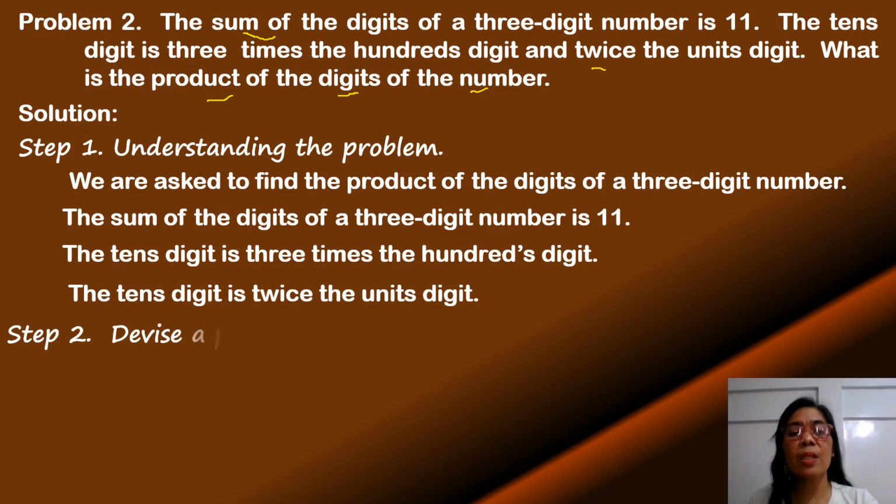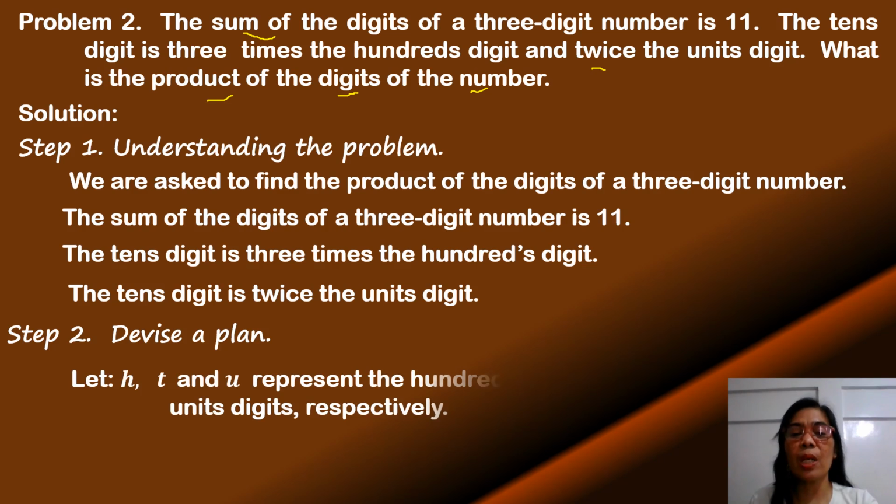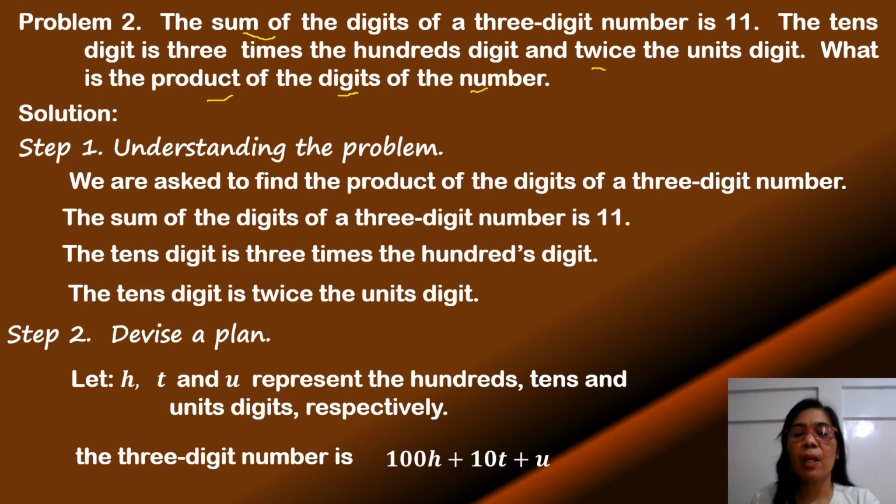So since this is a digit problem, we make use of variables to represent the hundreds, tens, and units digits. So we have H, T, and U to represent the hundreds, tens, and units digit respectively. And then this three-digit number will be represented by 100H plus 10T plus U.